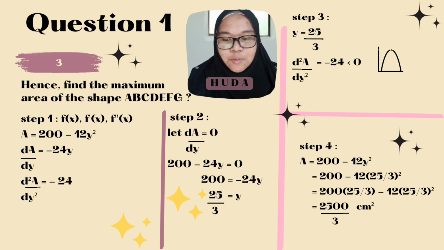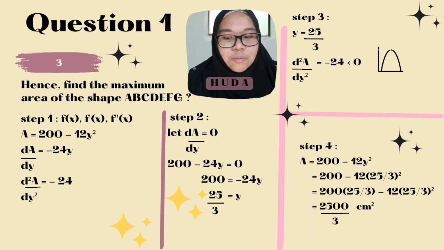The first step: A is equal to 200y minus 12y to the power of 2, and dA divided by dy is equal to 200 minus 24y, and d squared A divided by dy squared is equal to negative 24, which is like finding f prime and f double prime.